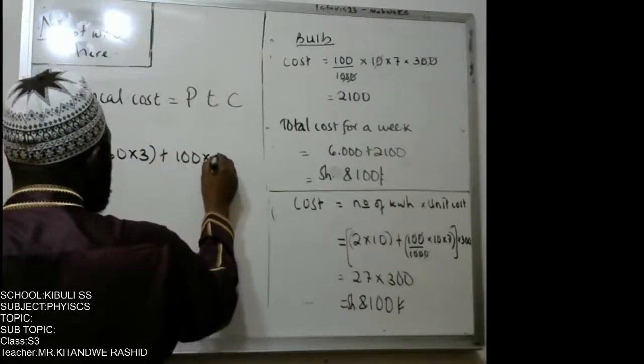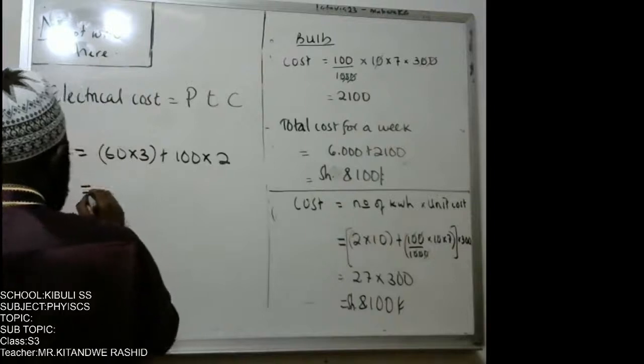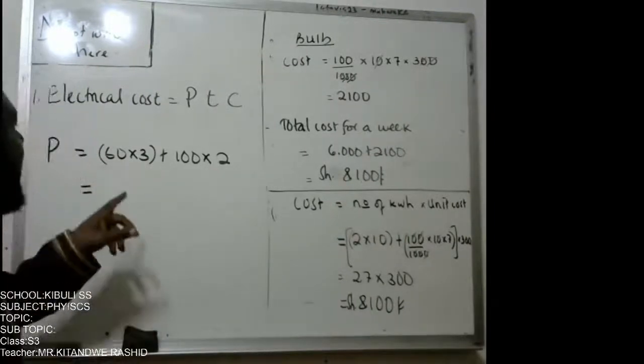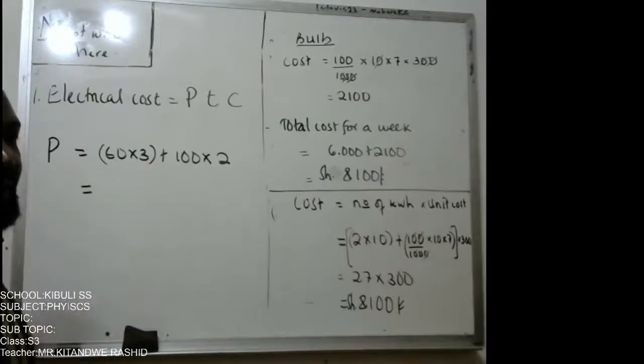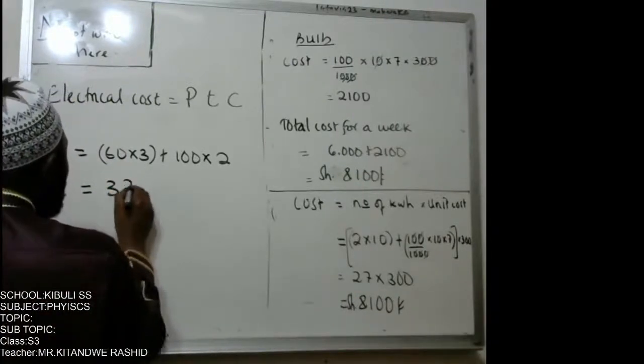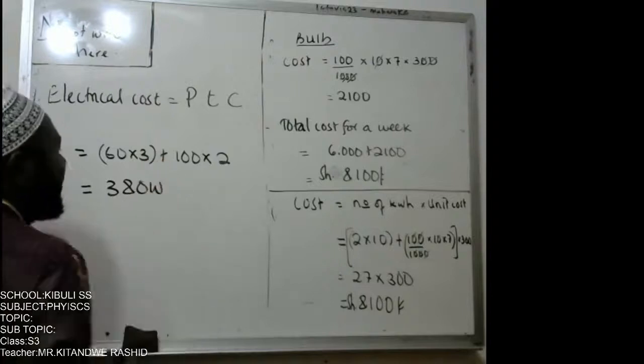Then we get the total power to be 180 plus 200, which is 380. So this is going to be 380 watts.